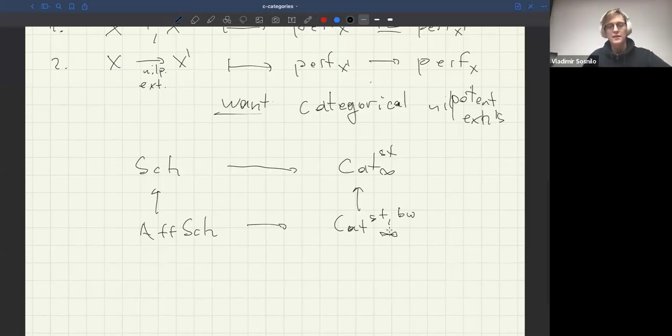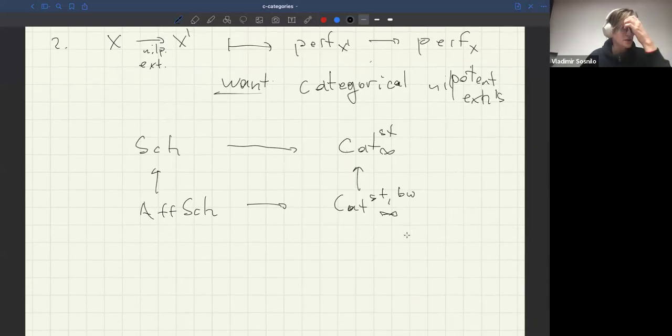And this picture turned out to be useful because you could actually prove a lot of results of this kind about nilpotent extensions, about some pro-excision statements, or some kind of descent statement for weighted categories. And then you globalize, so you can go back to schemes or algebraic stacks, if you like, or some other kind of geometric object, and get some result for them.